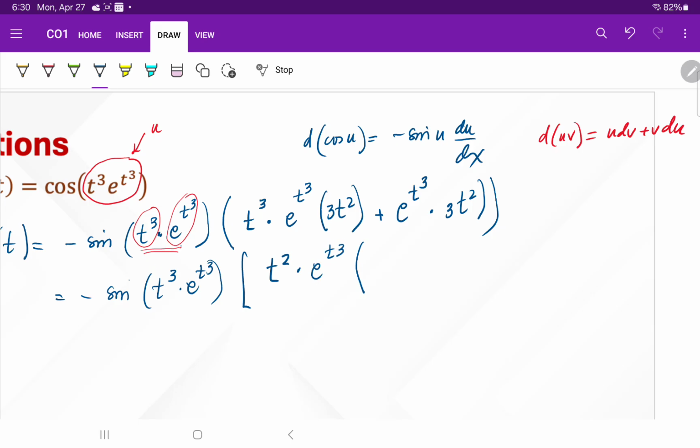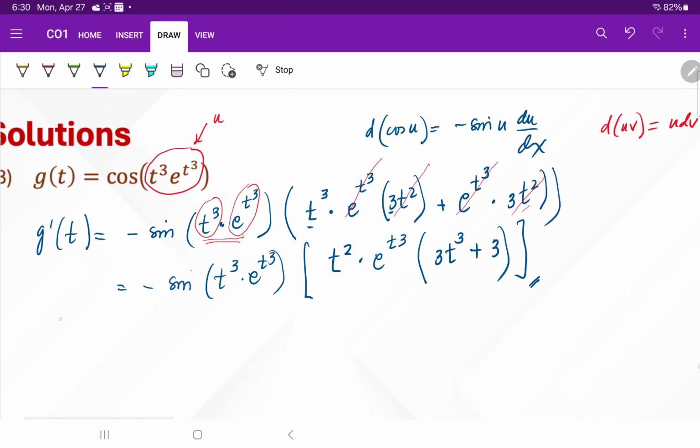So what's left here? This is already out, t squared, and this one, so what's left is 3t cubed. 3 is left, and this one. And then here e to the t cubed is out, and this t squared, so what's left is simply 3. Okay? So this could actually be your answer already.